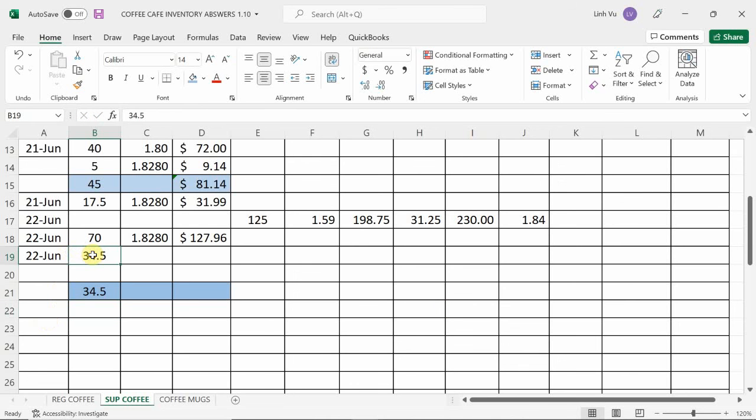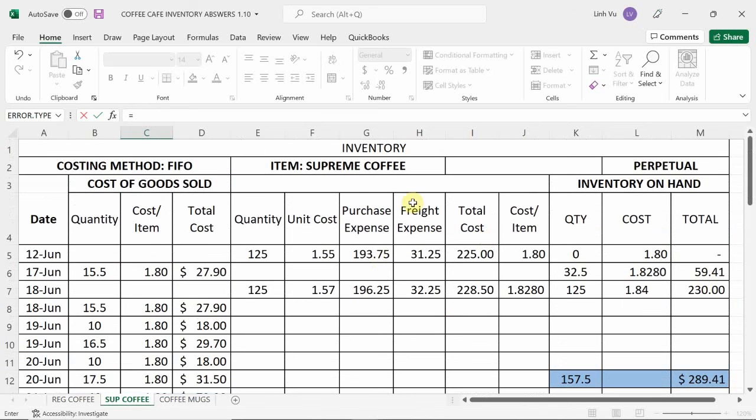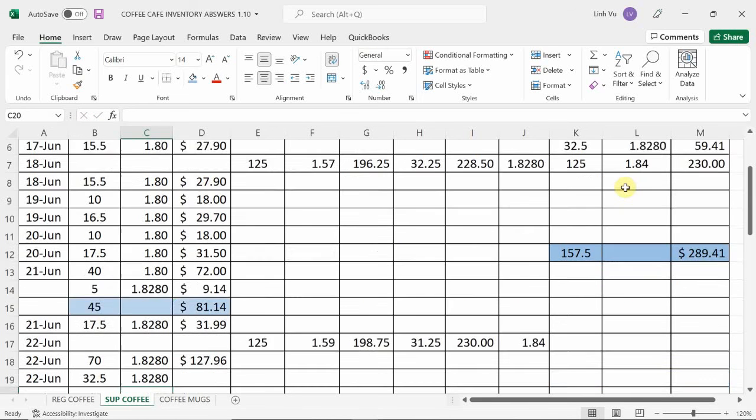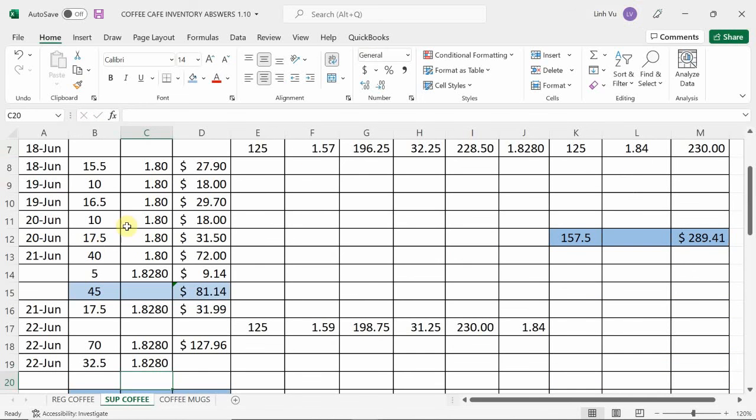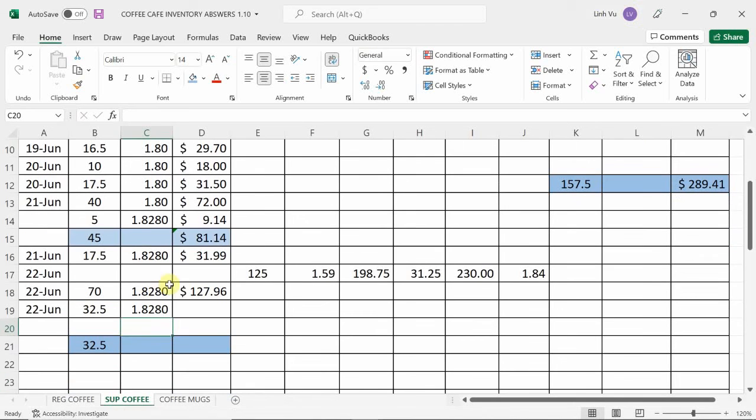So in this case, I have 32 and a half, which we know to be at $1.828, which we know to be $59.41.